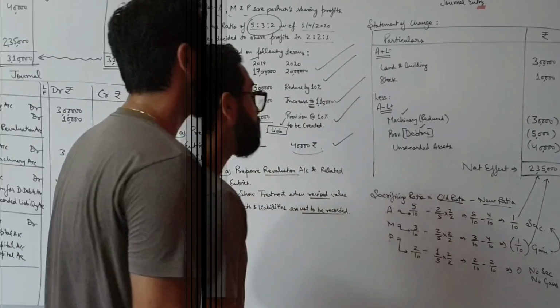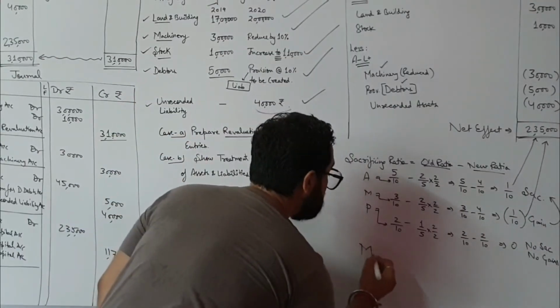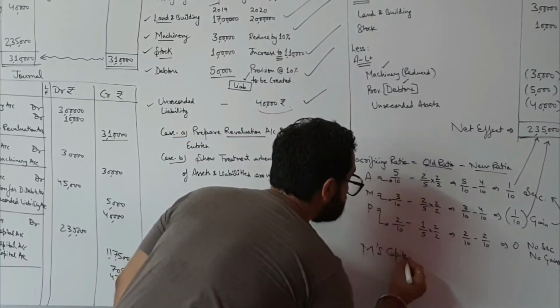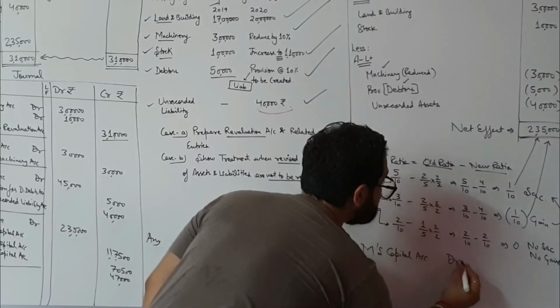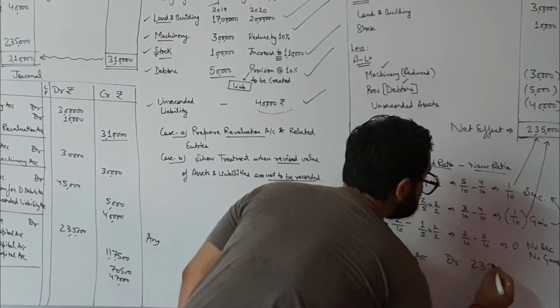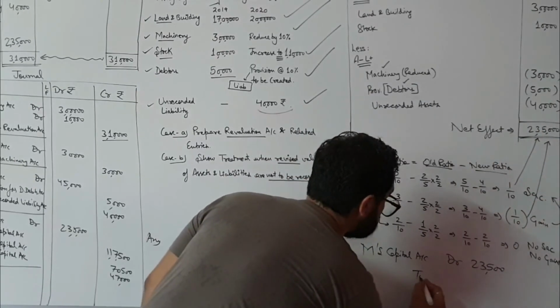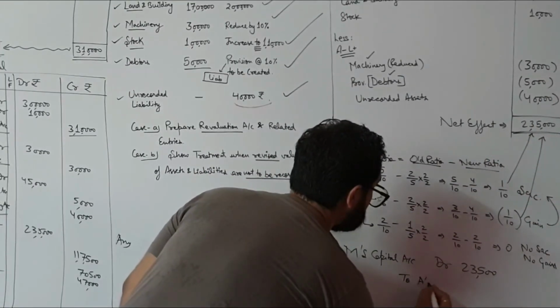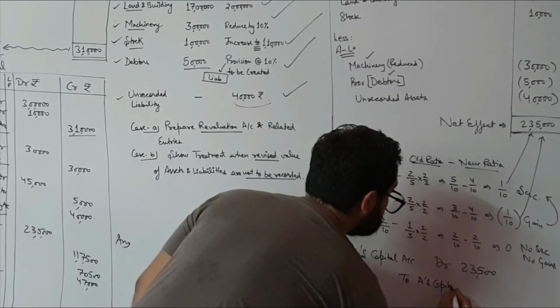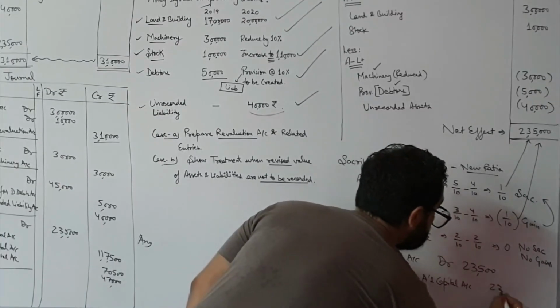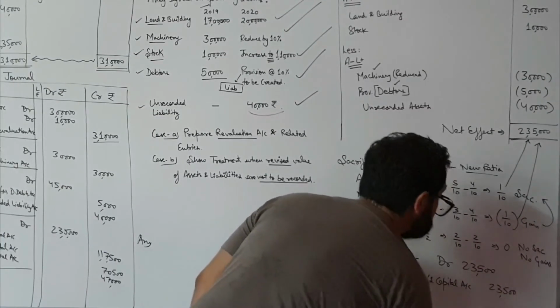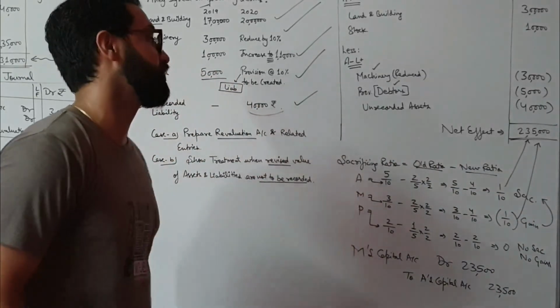Now who is gaining? M is gaining. Therefore M's capital account will be debited by 23,500 to A's capital account 23,500. This is the adjustment entry.